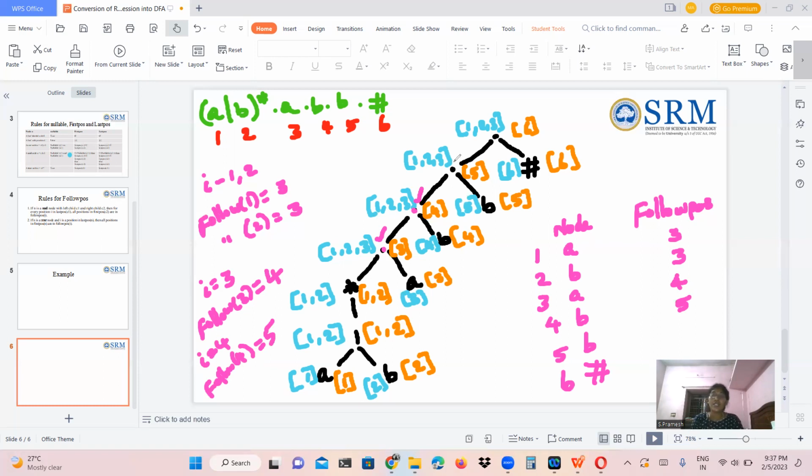Like that, consider the last concatenation. Here the I value is 5. For follow of 5, I fill the first position of the right child, that is 6. So follow of 5 is equal to 6. That's it.